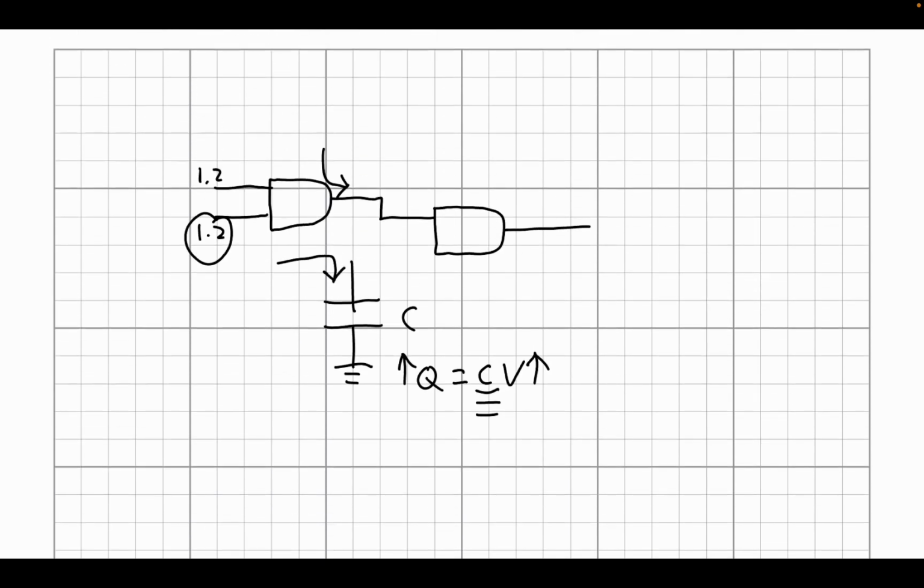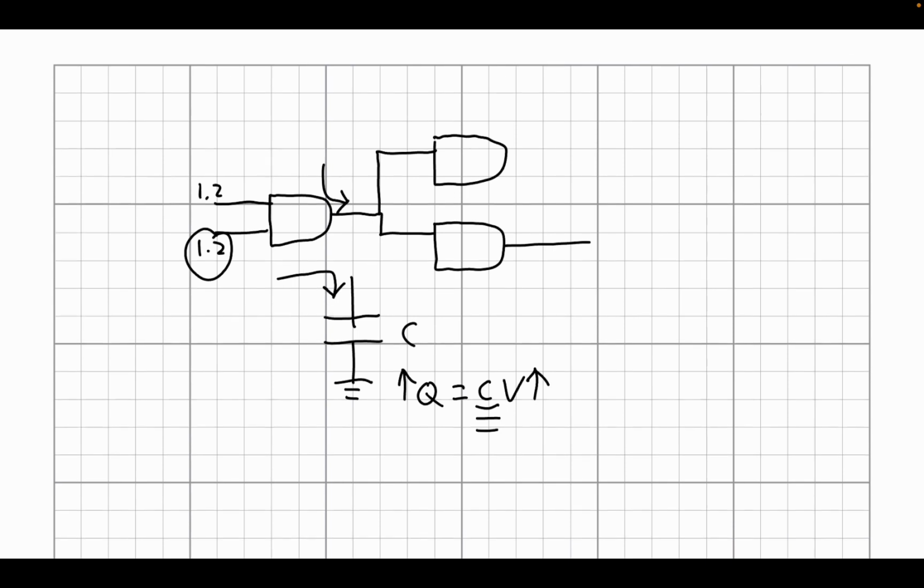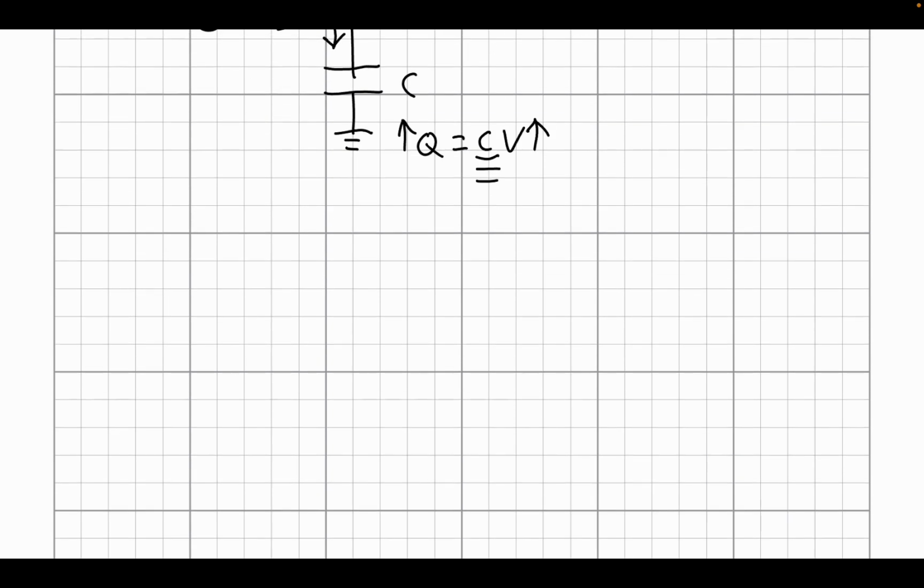Let's suppose that instead of just having one AND gate here, I had two, right? And so now the output of this first AND gate is connected to two different logic gates instead of one. And again, because both of these output logic gates are actually implemented using capacitors, that means that the circuit that we're basically looking at is something like this, where we have two capacitors now where we used to have one.